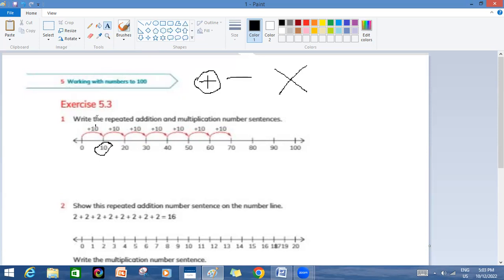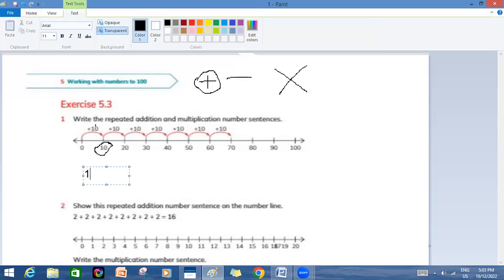I'm going to add 10 plus 10 plus 10 plus 10 plus 10 plus 10 plus 10 equals 10, 20, 30, 40, 50, 60, 70. So it will be 70.